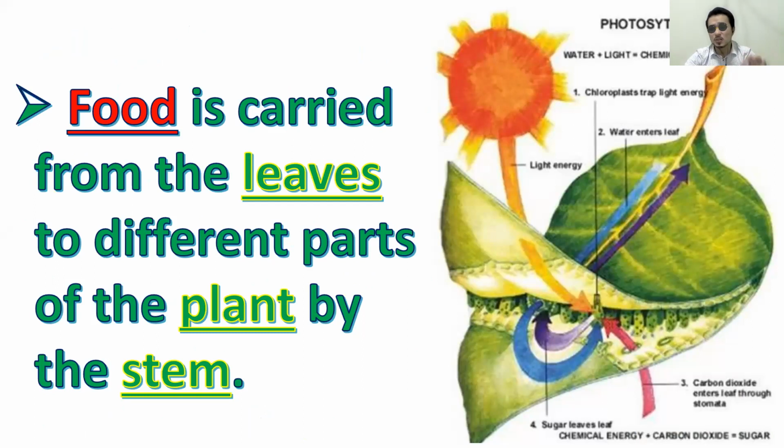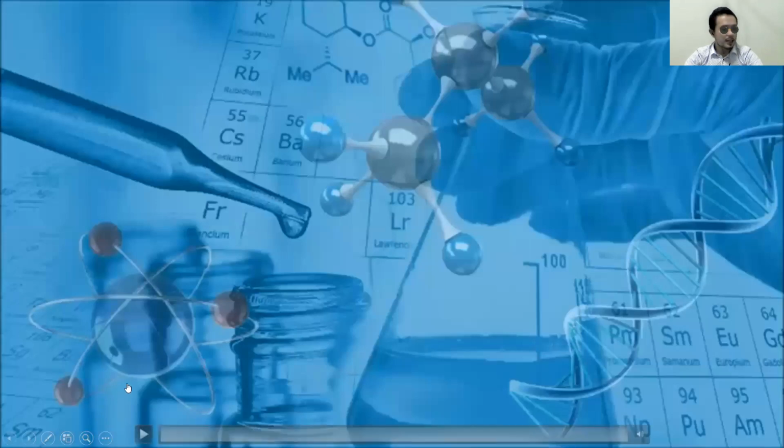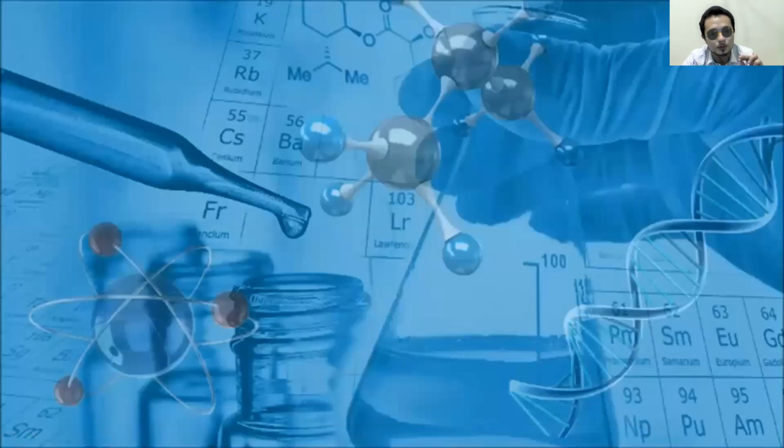The stem is the one that carries the food to the other parts of the plant, right? I think this video is very informative when it comes to how the plants make their food.